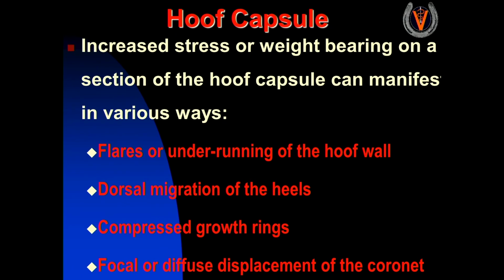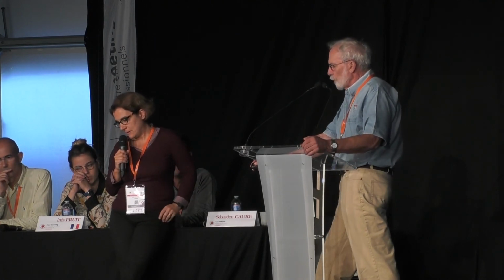Okay, how do we see hoof capsule distortions? You can see flares or running of the hoof wall. Dorsal migration of the heels, they move forward.